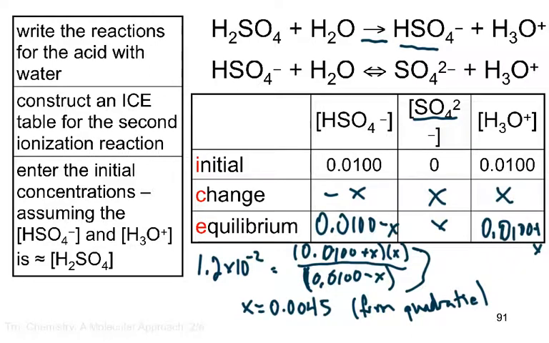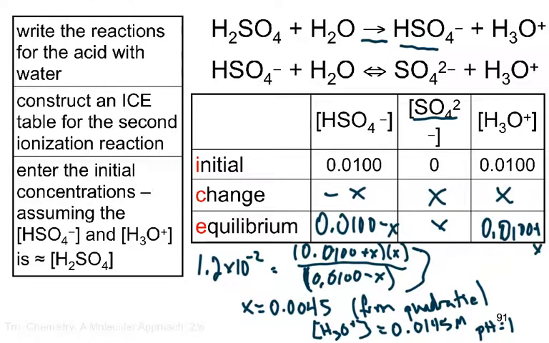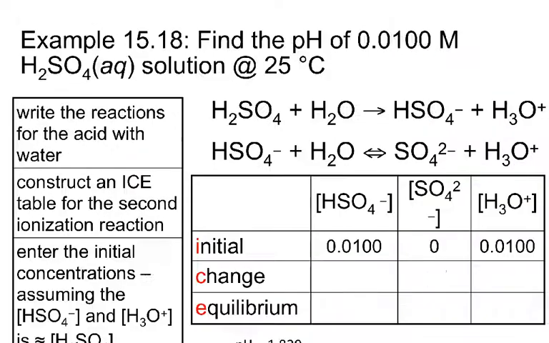And then that gives me my x value, and so my concentration of H3O+ is 0.0100 plus 0.0045, which makes it 0.0145 molar. And then if you take the negative log of that, you get a pH equal to 1.84.